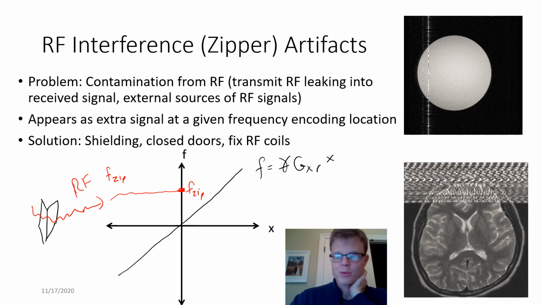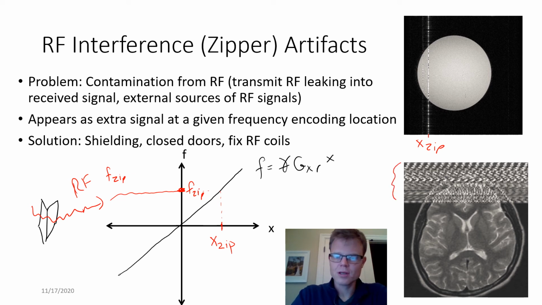What's going to happen is when we decode this frequency encoding, so basically when we map the frequency back to position, we're going to get an artifact at a very specific location in our frequency encoding direction. In this example here, you see it appears at a very specific location in frequency encoding, suggesting it's a single frequency.